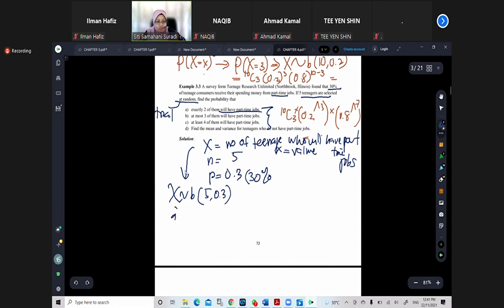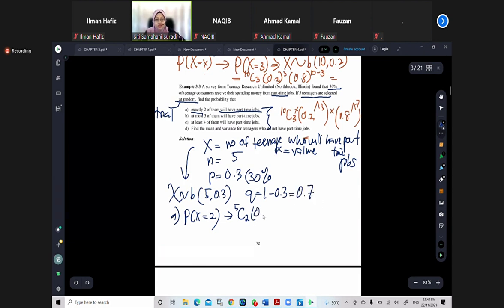A, they ask you the probability of them will have exactly 2. When the word is exactly, that means X equal to 2. And then how do you use the probability? You just apply, you have N, 5C2. Okay, what is the Q value? 1 minus 0.3, consider 0.7.